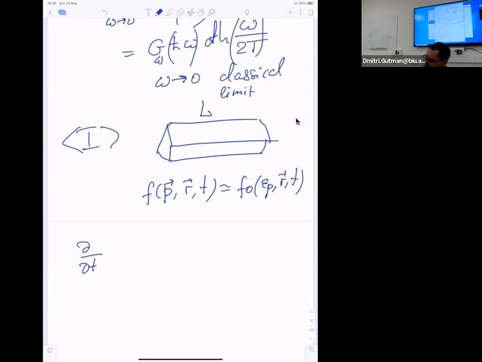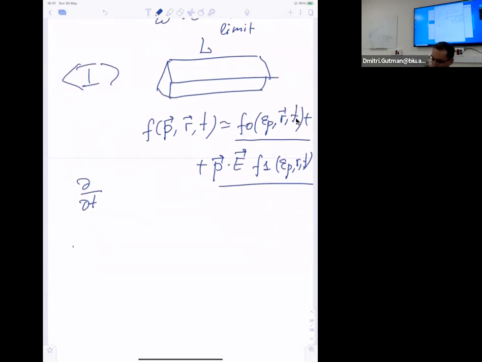There is a part of the function that only depends on the energy, and there is also a part that depends on the direction of the momentum. Typically the first part is much bigger than the second. That's what is called the diffusive approximation.